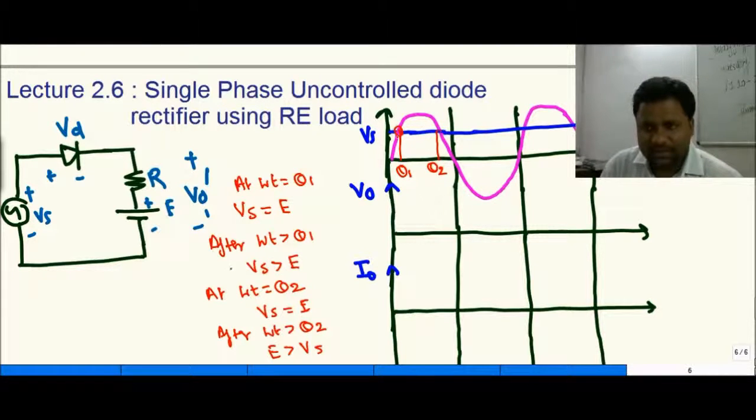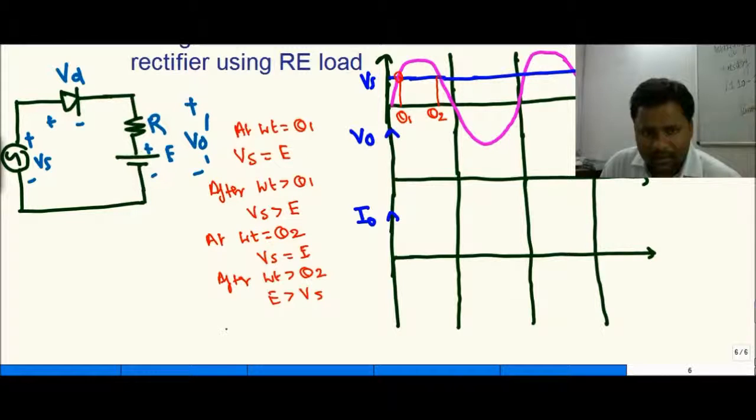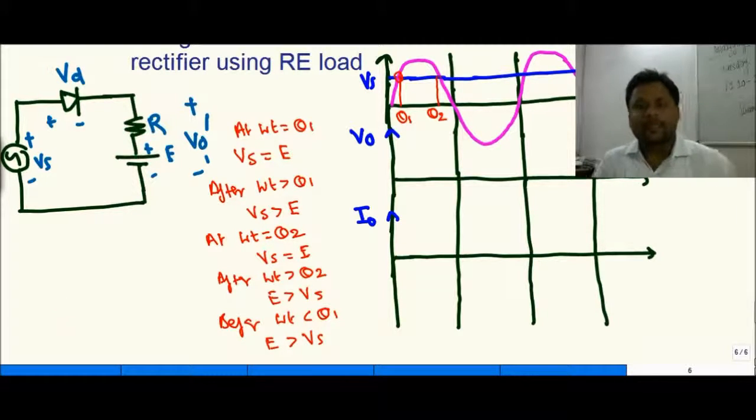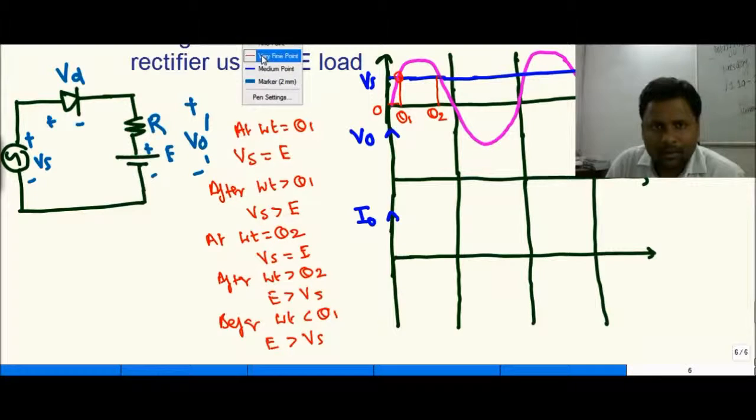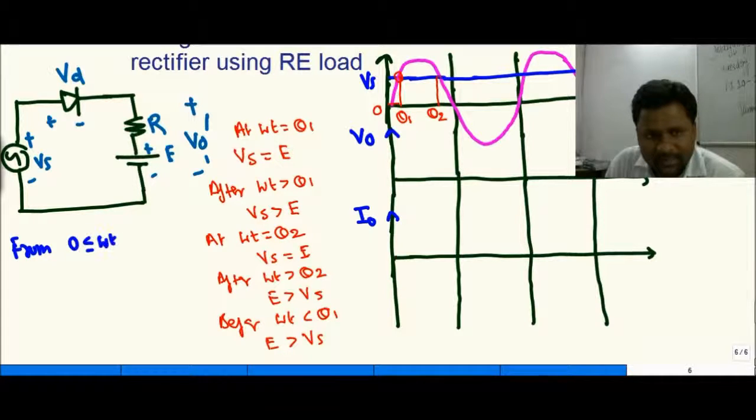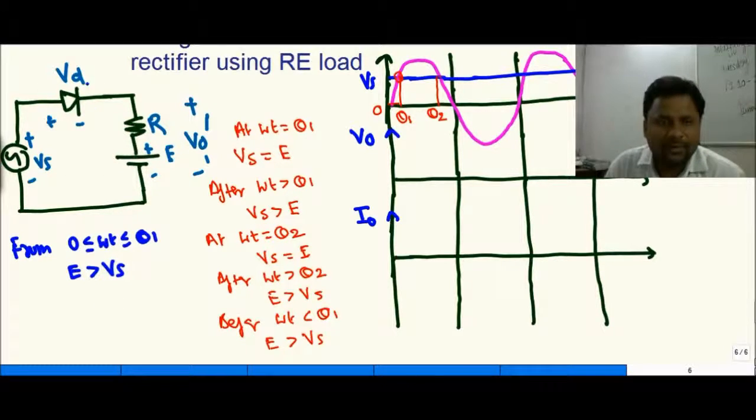Before omega t less than theta 1, E is again greater than Vs. So from 0 to theta 1, E is greater than Vs. That means the diode becomes off, because in order to turn on the diode, Vs should be greater than or equal to E. If E is greater than Vs, then the diode is off.